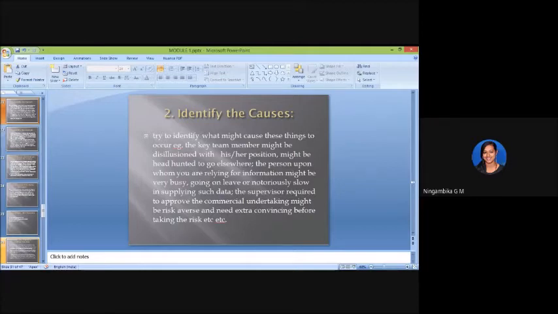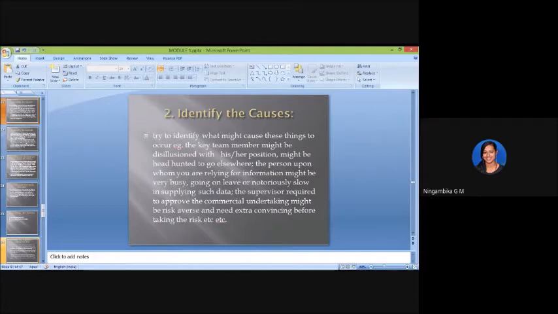For example, the key member might be disillusioned with his or her position, might be headhunted to go elsewhere. If you don't have funds to pay the salary to the employees, what will they do? They will try to shift their job to another organization. Especially the experienced candidates, the key team members. If they leave the organization, it will be the biggest challenge to the organization, right? To maintain a few of the tasks.